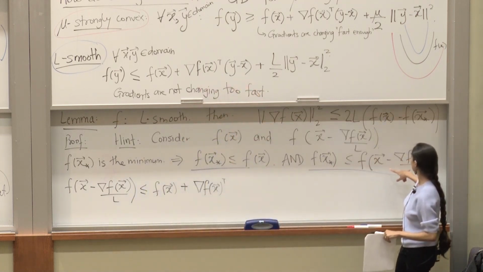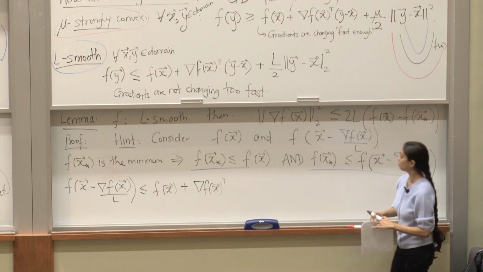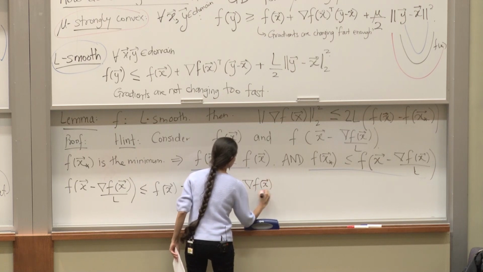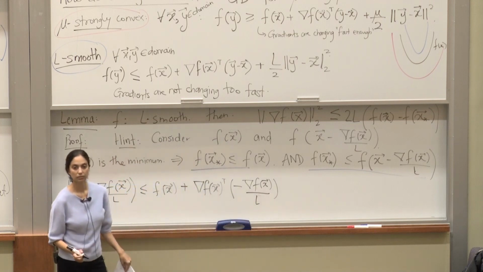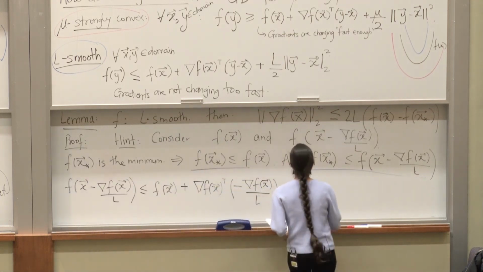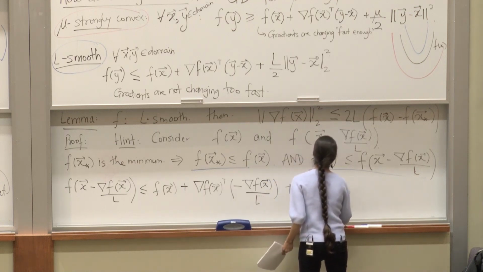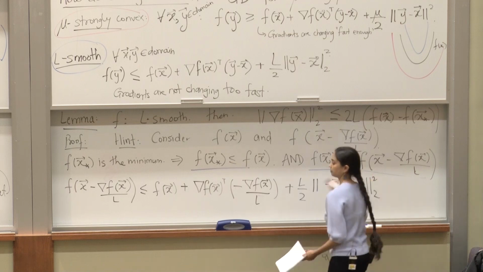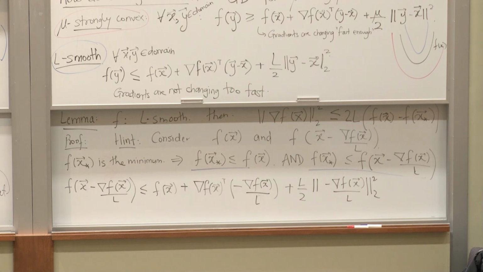What is y minus x? It's just negative gradient f of x over L. Everyone see that? Plus L over 2 times gradient f of x over L, squared. This proof is not particularly insightful, like an intuition for how to proceed. It's just some algebra.